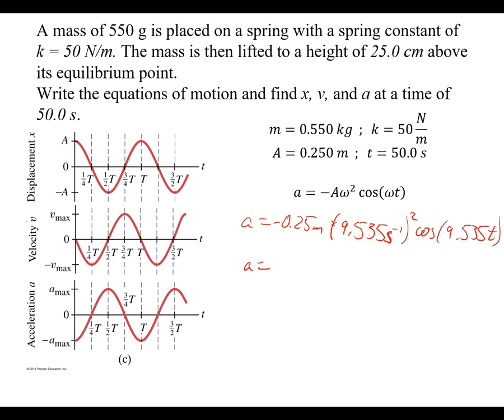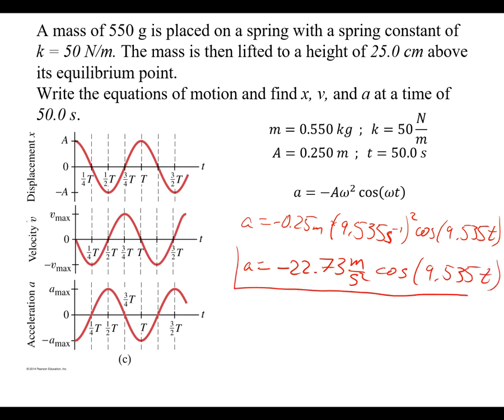If I multiply out that first part, I get a negative 22.73 meters per second squared times the cosine of 9.535 t. And there's your last equation of motion.